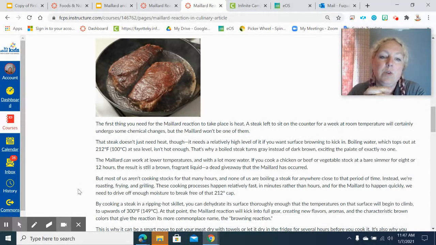When you get to the boiling point, it turns to steam, and that's it. So you can boil something all day, but you're not going to develop that flavor. There's a video that you're going to watch that demonstrates that meat that is boiled is not going to have the same texture or the same flavor base as one that has been browned or seared.